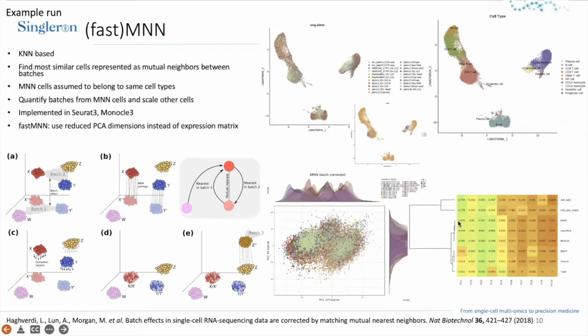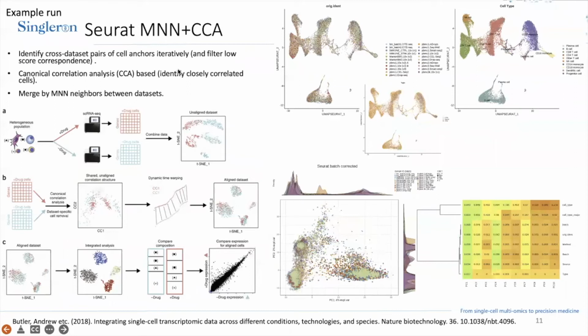The next tool we tested is the Seurat MNN and the CCA. It identifies the cross-dataset pairs of cell anchors iteratively, and when it identifies the anchors, it also filters out the low score correspondences to avoid errors.